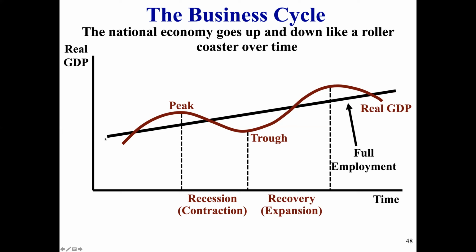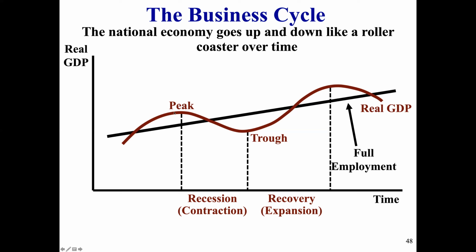If you were to draw a trend line in the middle of that business cycle, you would get a potential GDP that's also known as full employment. Okay, and we'll talk a lot more about full employment next time. But this is the potential GDP, and that trend line is important because, based on the current situation, this is the capacity for growth in that economy.